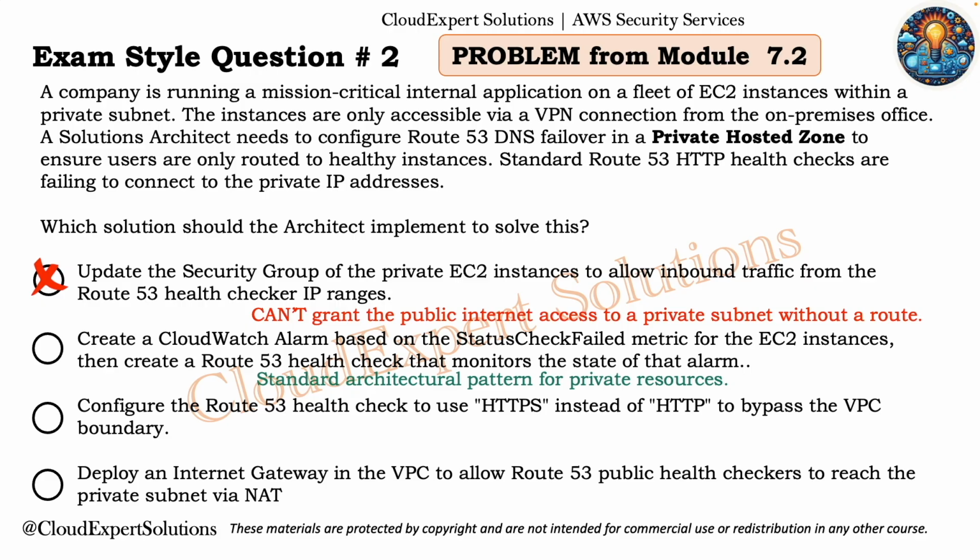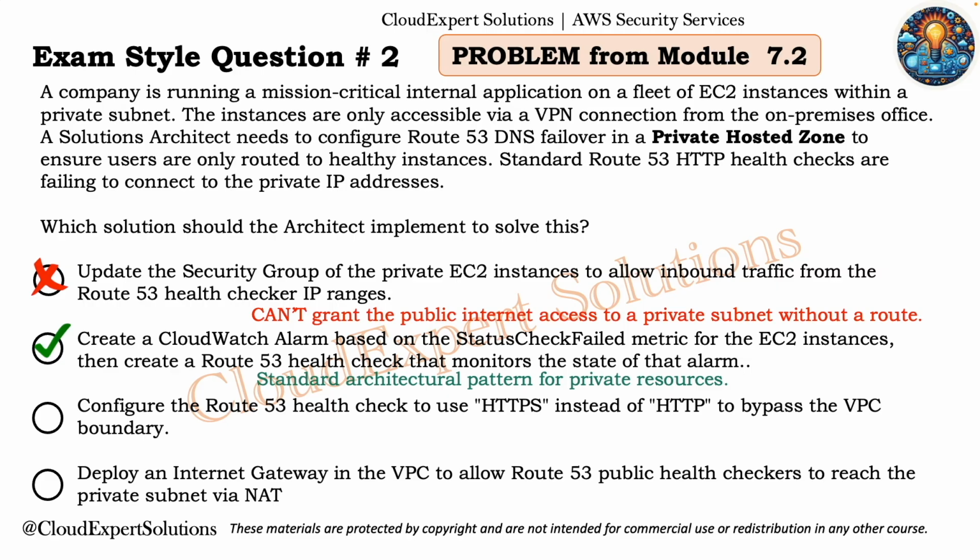Route 53 can be configured to monitor the state of the CloudWatch alarm rather than the instance itself, and this will bypass the need for the health check to have direct network connectivity to the instance. That is why this is a potential correct option. Let's mark it and move to the next option.